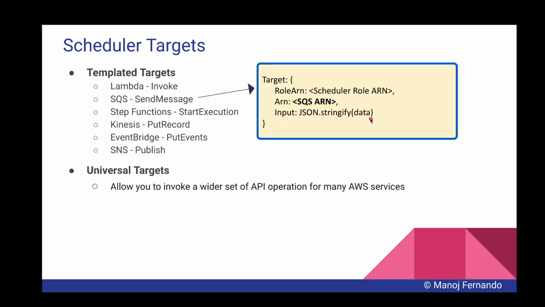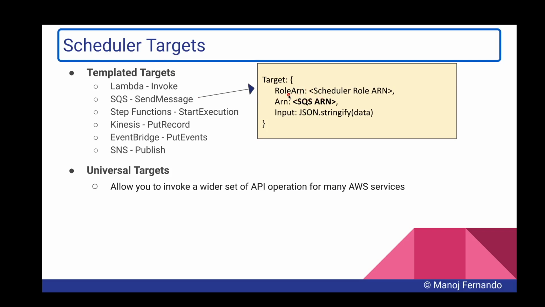This is the data that we are passing on to this SQS queue. And then we have the role ARN, which is nothing but the scheduler role ARN. In order for EventBridge Scheduler to invoke a target, it should have the permission. So the role that we associated with the scheduler should have the permission, and we are passing that role ARN when we are configuring this target.